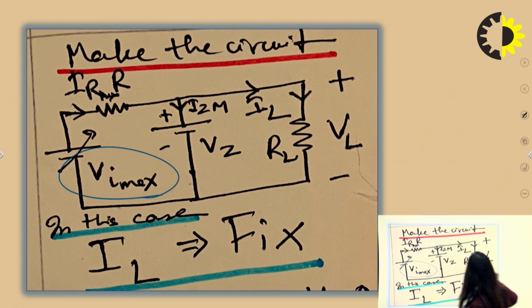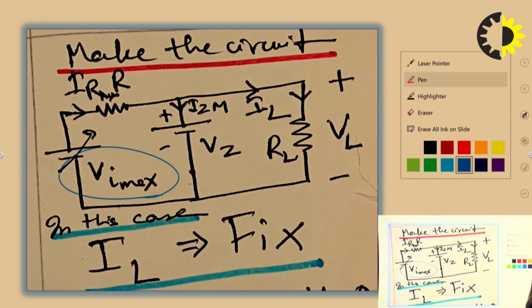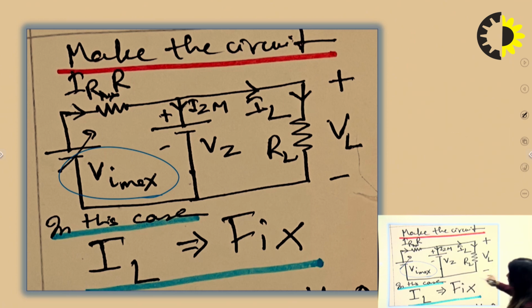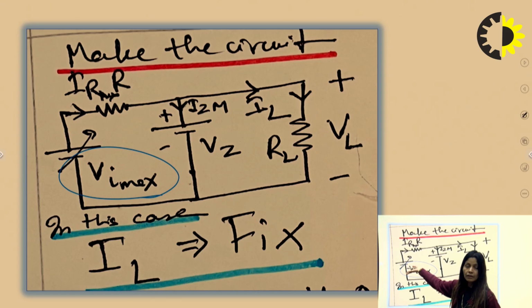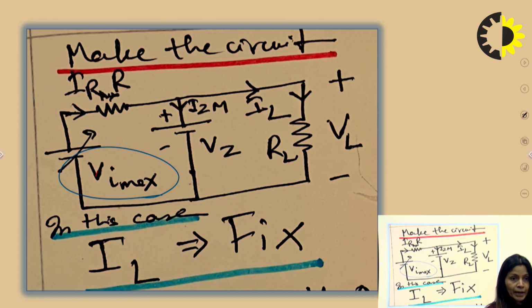Now understand one more point here. Vi maximum, the maximum voltage is being given by the battery, so it will provide maximum current also. The battery is at its maximum value of voltage, then it must be providing the maximum current to the circuit. Got it?